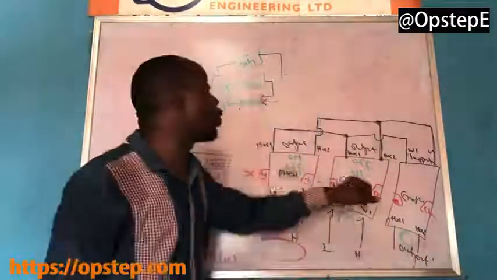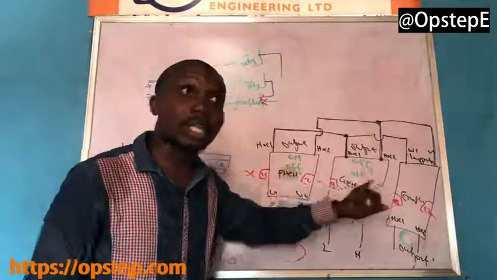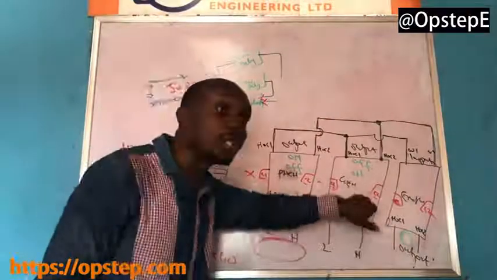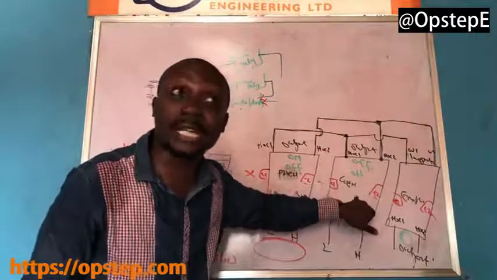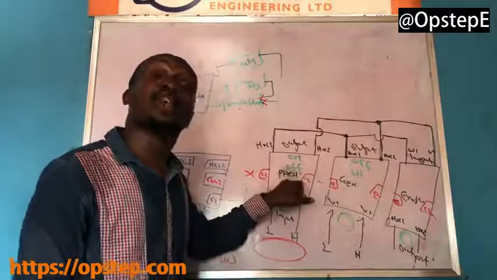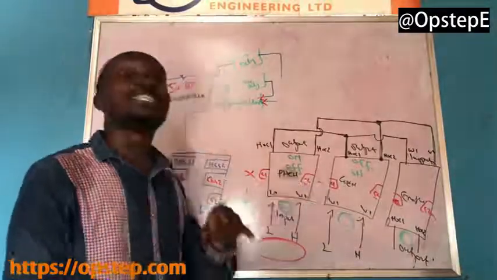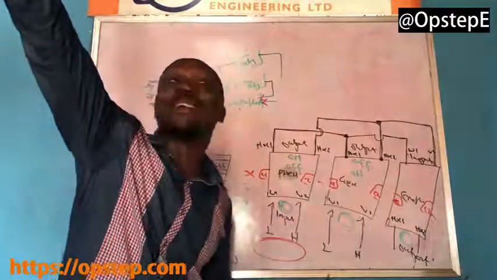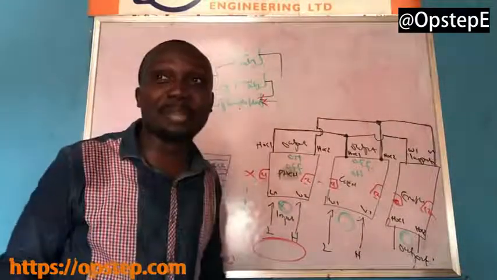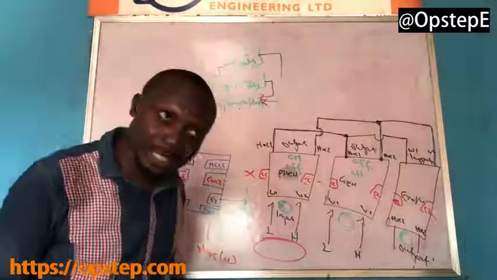Whether both come on or one comes on, just understand that if this comes on, the coil of this relay is energized. The day you see both come on, just take to your heels and run.